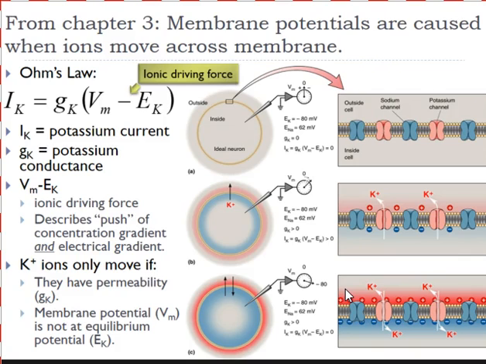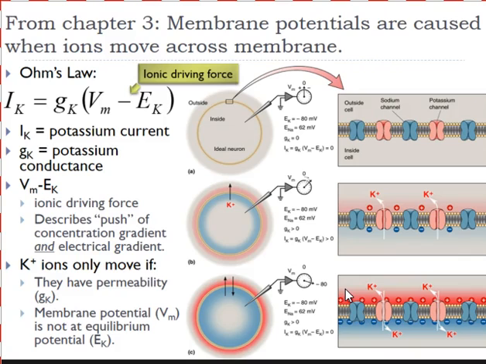It will continue to flow until so many potassium ions have exited that we're building up some positive charge on the outside of the membrane, which is balanced by the negative charge that we measure on the inside of the membrane. Ions will flow until the amount of negative charge inside the membrane is enough to pull the potassium ions back in at the same rate they were leaving down their concentration gradient. That's what's depicted here.